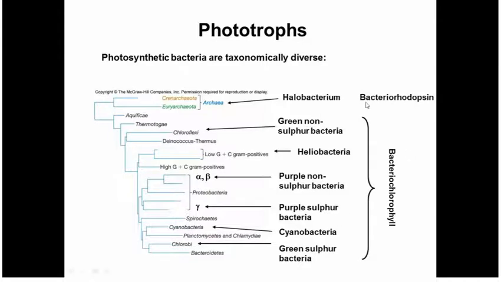But there are only really two different types of basic photosynthetic process. All of the eubacteria work with bacteriochlorophyll and either reaction center 1 or reaction center 2, or both of them, whereas Halobacterium has a totally different light capturing pigment.